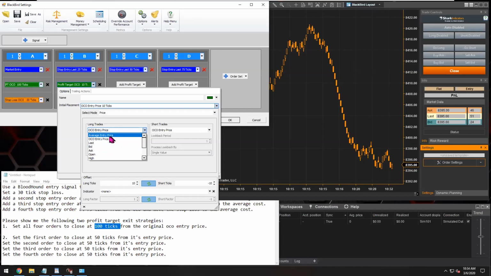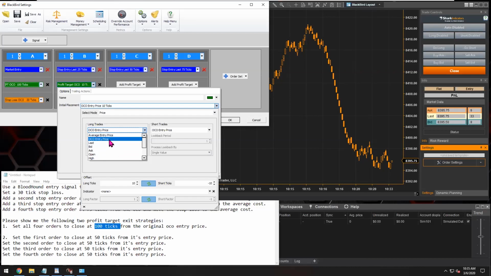So in here, we'd be able to reference the price of profit target A. And if profit target A is at 100 ticks, then we could guarantee that the profit target for order B would also be at 100 ticks from the entry price of order A. But that's not available now. That'll be in update 15.